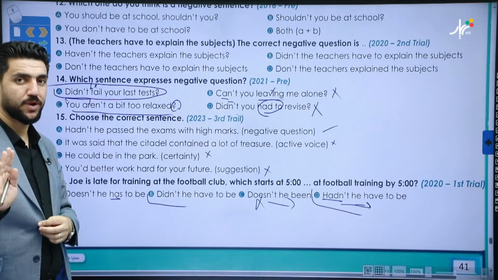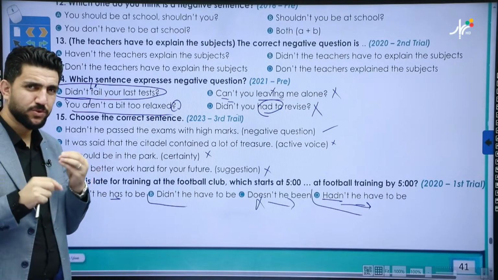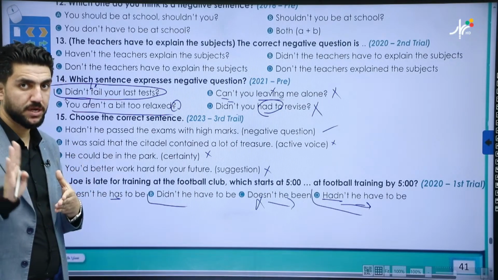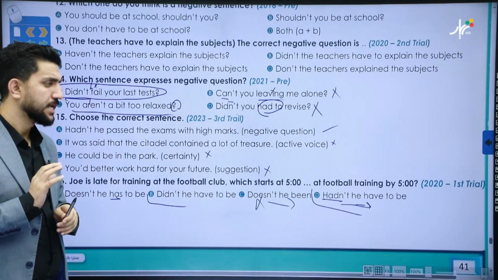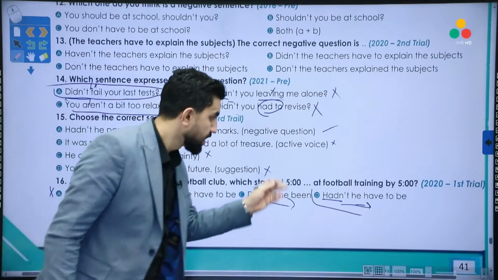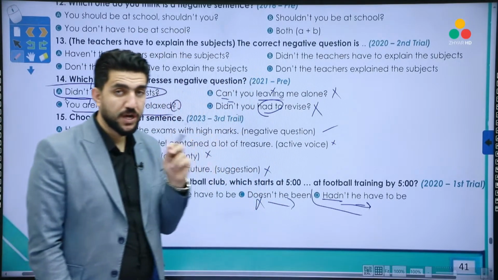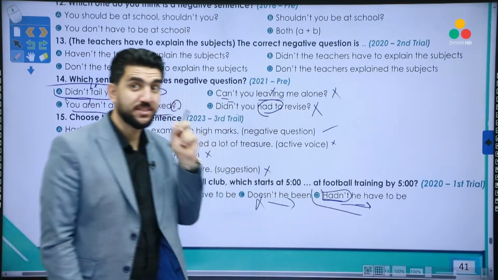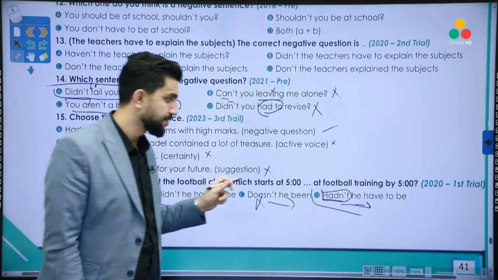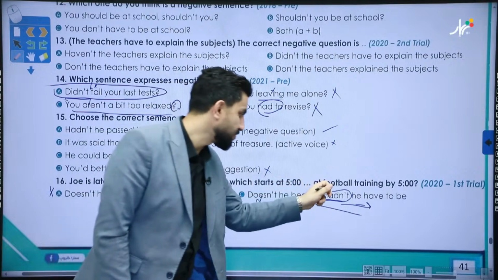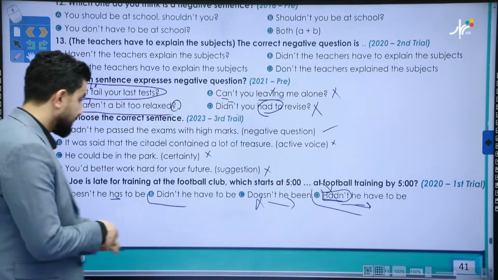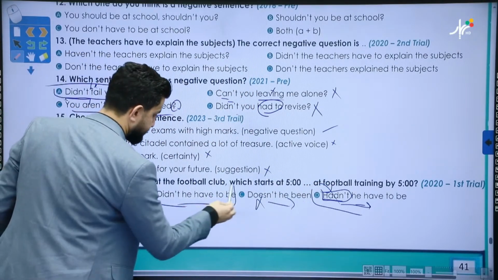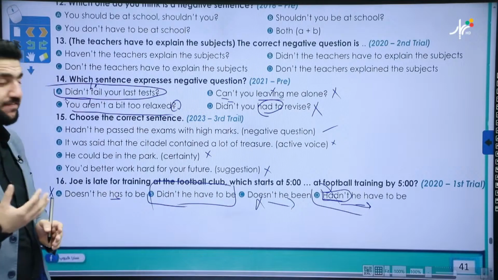Yes, both of them are correct, but there's a slight mistake. Be careful of these kinds of mistakes. This is very confusing. If you remember, we said with have to, has to, had to, how do we change it to negative question? With didn't, not hadn't. Right? Yes, now you remembered. This is wrong. This is the correct answer. Didn't he have to be?